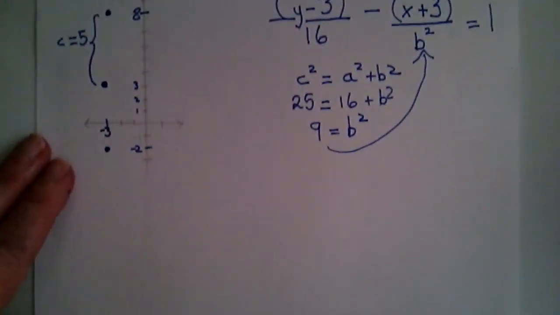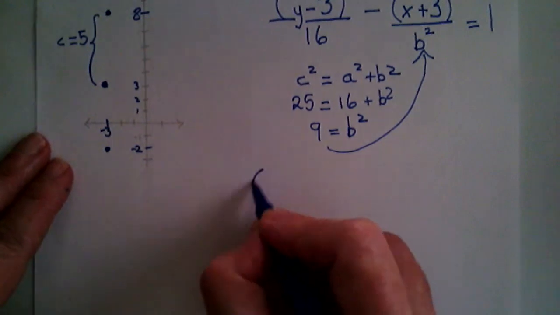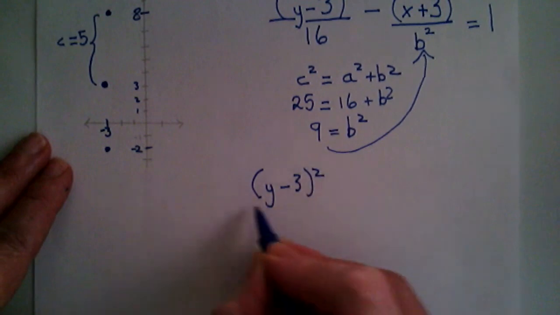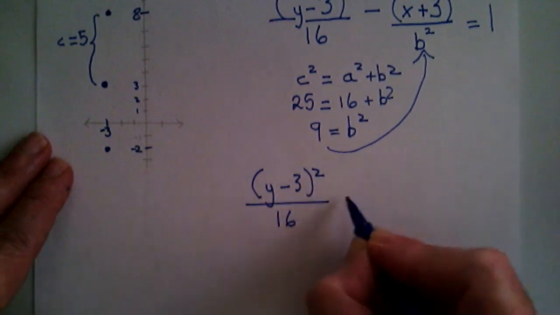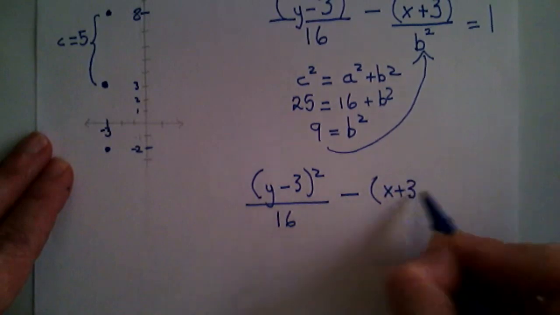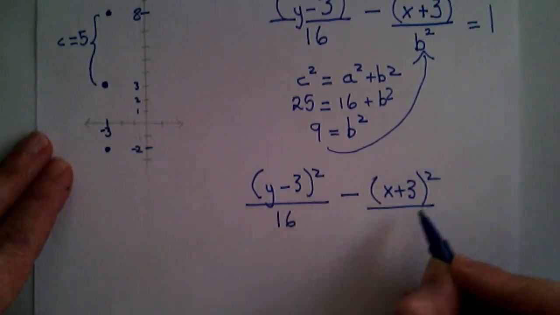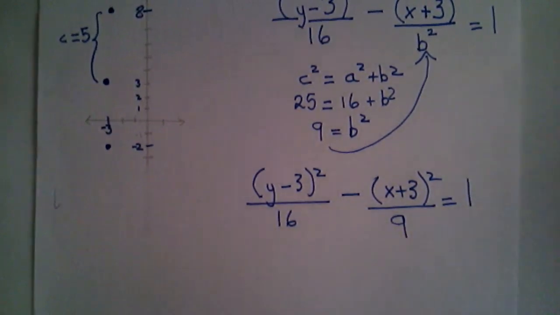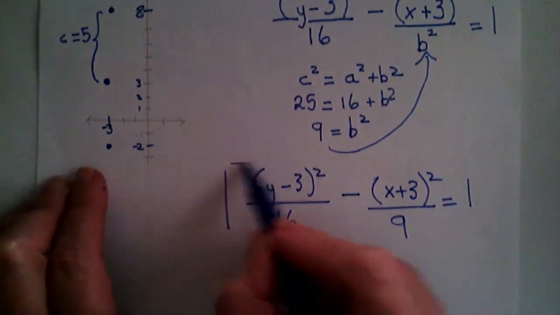So now we have (y minus 3) squared over 16 minus (x plus 3) squared over 9 is equal to 1. And therefore we have our equation.